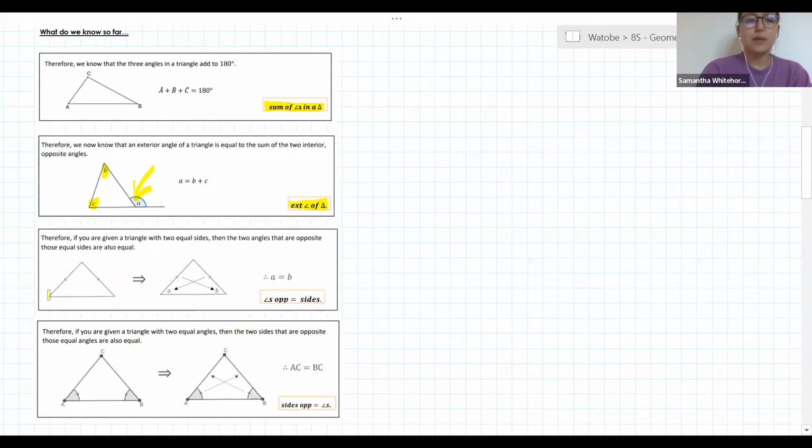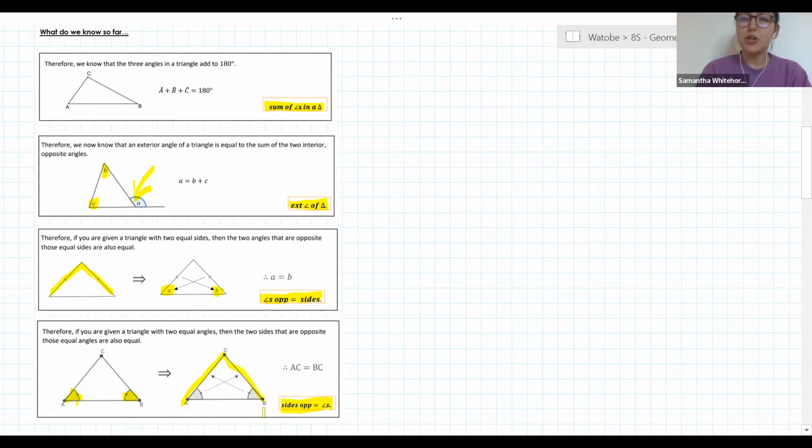We also spoke about the fact that when we've got 2 equal sides in a triangle, the angles opposite those equal sides are equal, and the reason was angles opposite equal sides. And the 4th reason, not very commonly used, but can come up, is if I give you 2 equal angles, you then know that the sides opposite them are equal, and that is sides opposite equal angles.